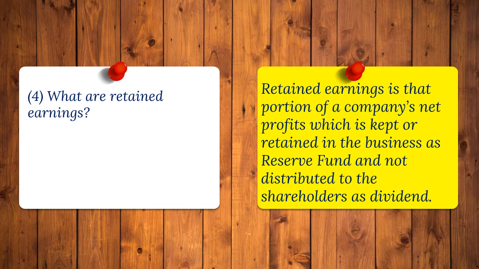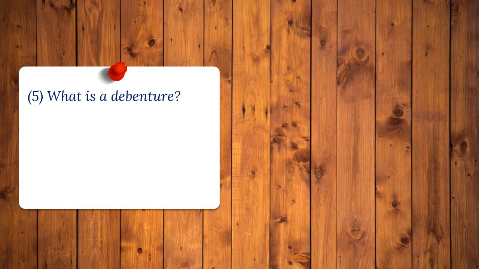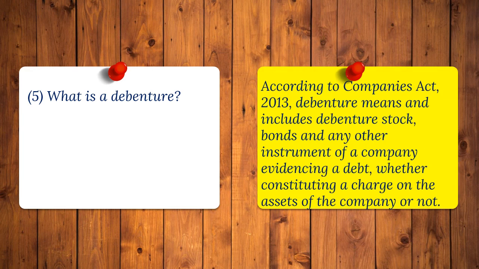Retained earnings is that portion of a company's net profits which is kept or retained in the business as reserve fund and not distributed to the shareholders as dividend. 5. What is a debenture? Answer. According to Companies Act, 2013, debenture means and includes debenture stock, bonds, and any other instrument of a company, evidencing a debt, whether constituting a charge on the assets of the company or not.